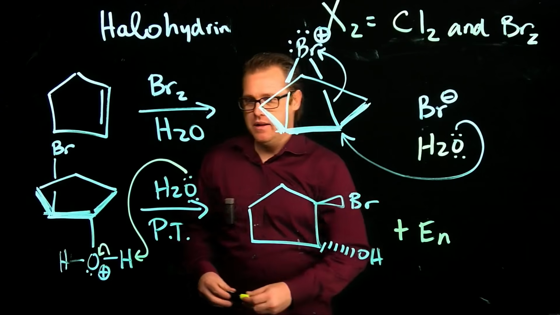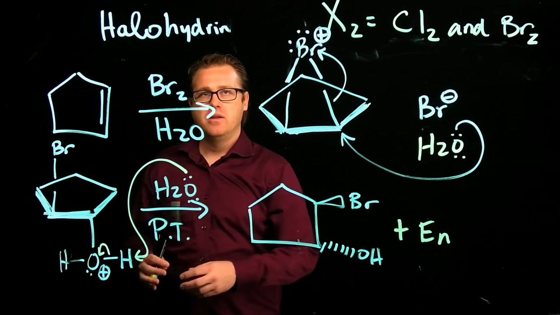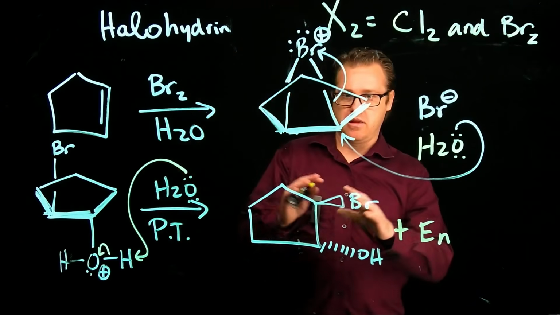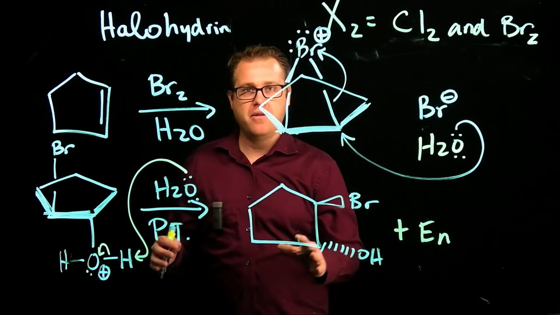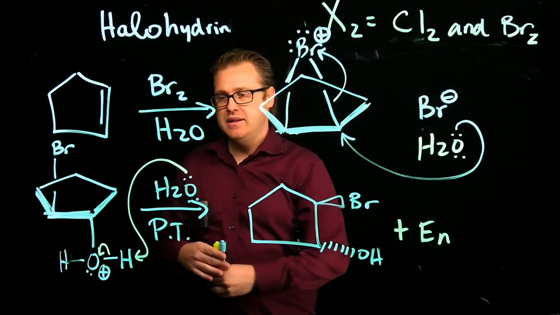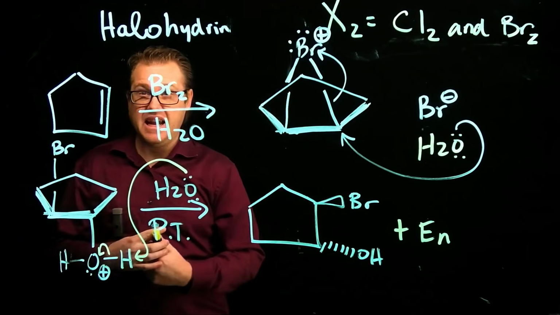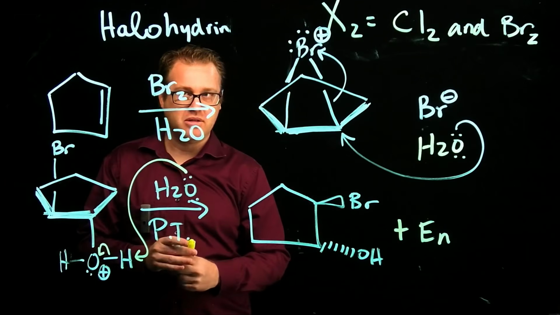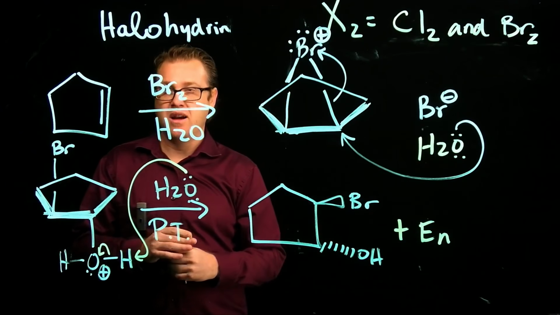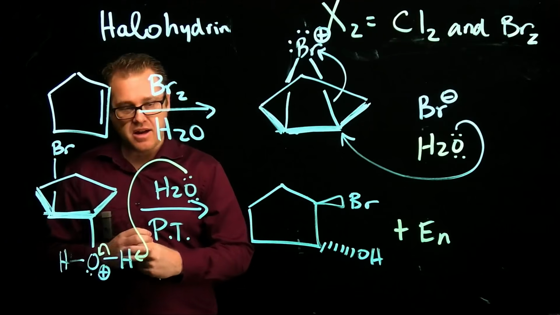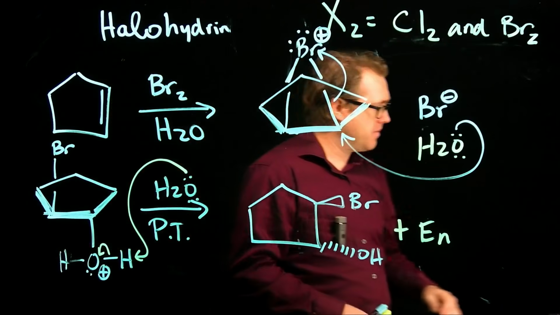So now that we have discussed the principles here of anti-addition, let's start looking at an alkene that isn't symmetrical. So that poses some regiochemistry concepts that we need to be aware of.